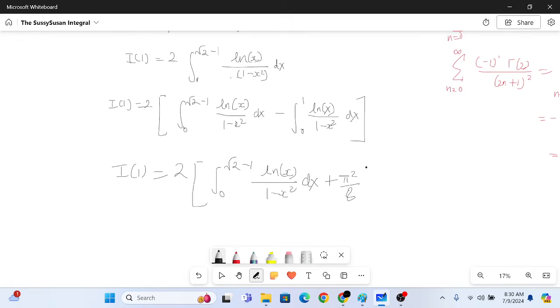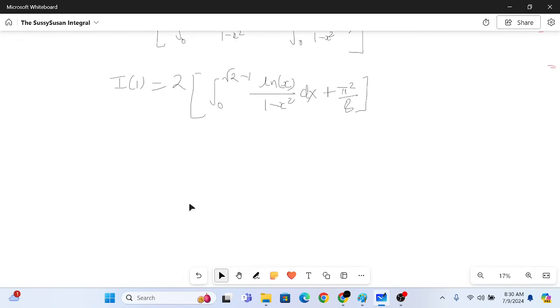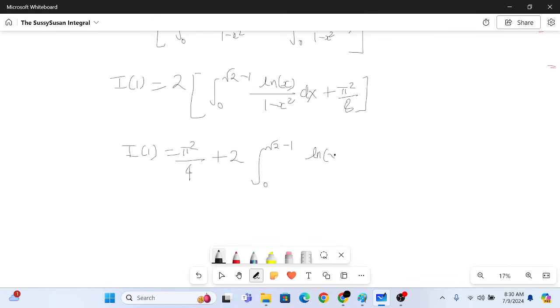Yes, now I can multiply by 2, and that gives me I of 1 as pi square by 4 plus 2 times integral from 0 to root 2 minus 1 of ln x by 1 minus x square dx. Okay, now we have made quite good progress, but still there's a lot to do.